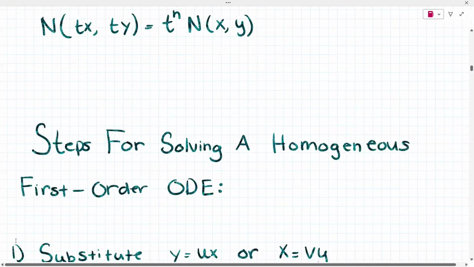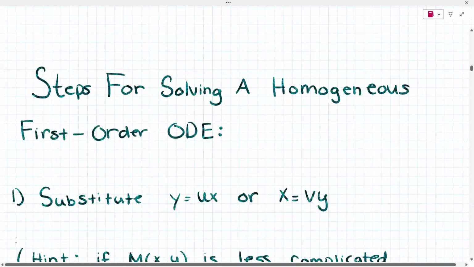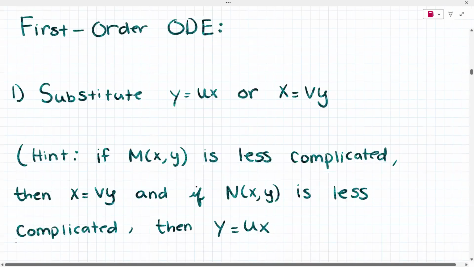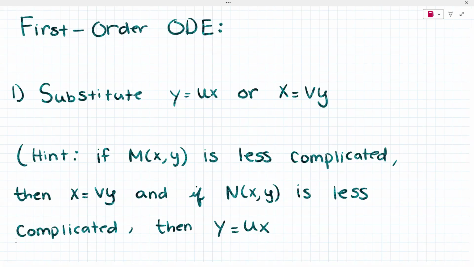So let's talk about steps for solving a homogeneous first order ordinary differential equation. Step 1 is substitute y equals u of x or x equals v of y.